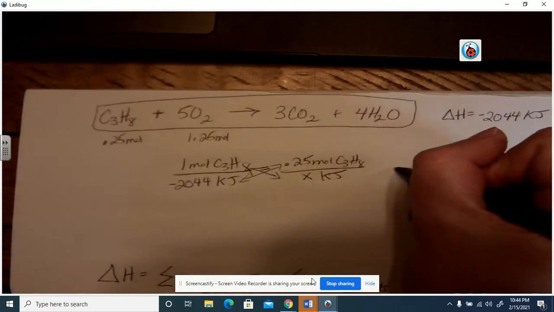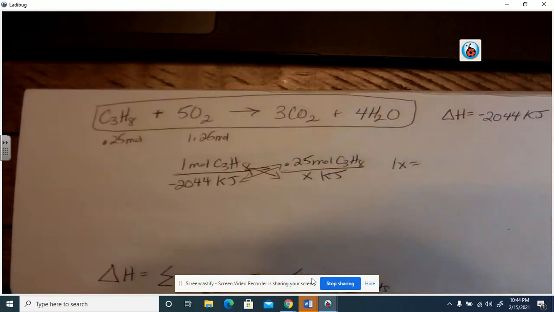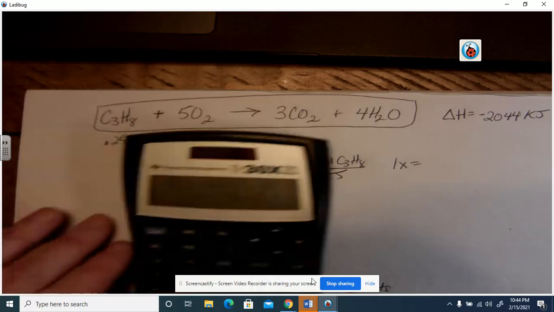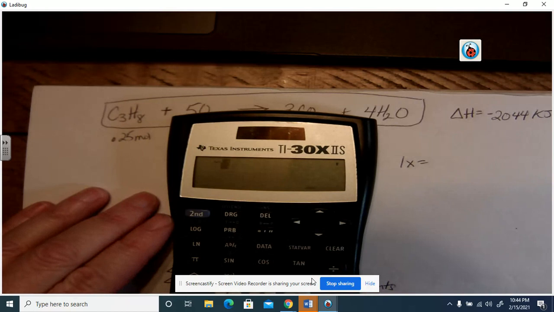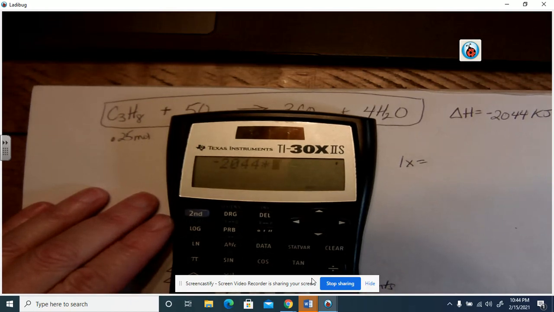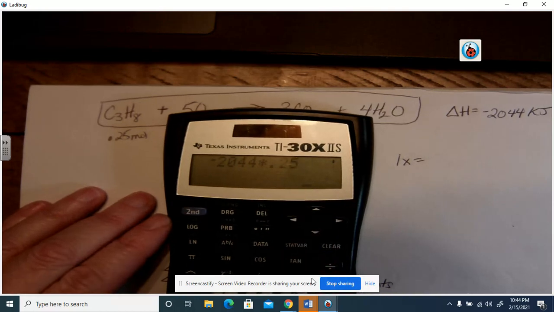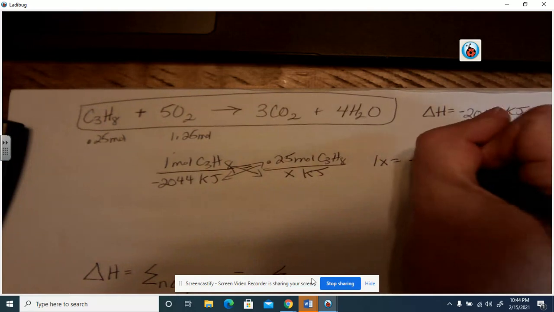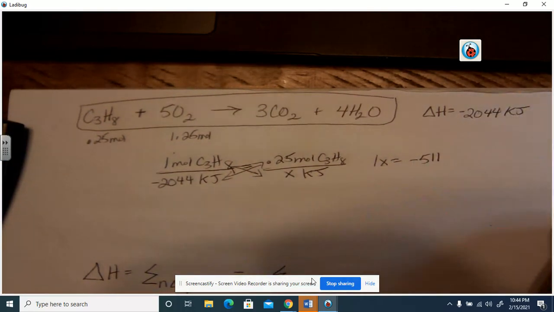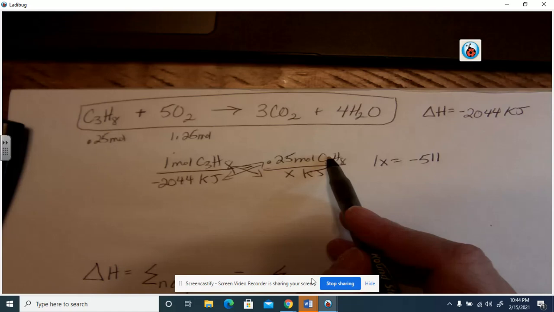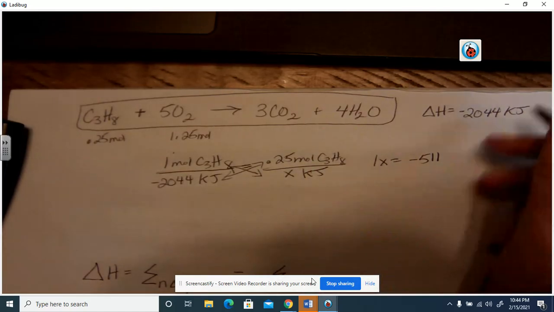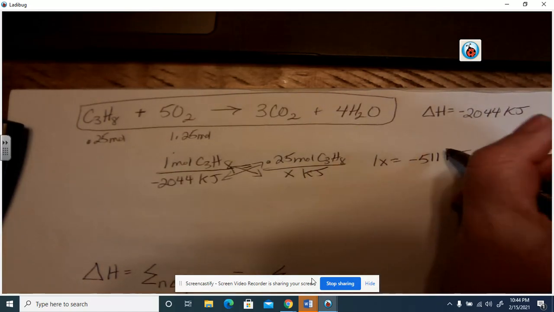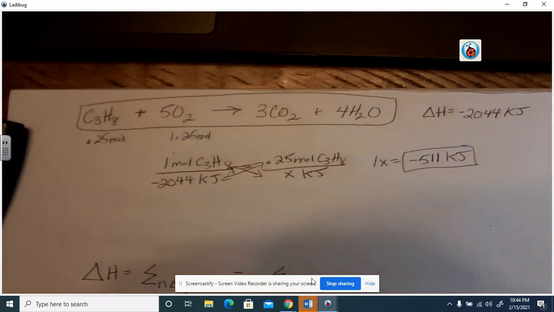So I know that 1x equals a quarter of negative 2044. So I'm going to do negative 2044 times 0.25, and I end up with negative 511. What that means is for every quarter of a mole of propane that you use, it's only going to produce a quarter of the energy, a smaller amount of energy, which makes sense.